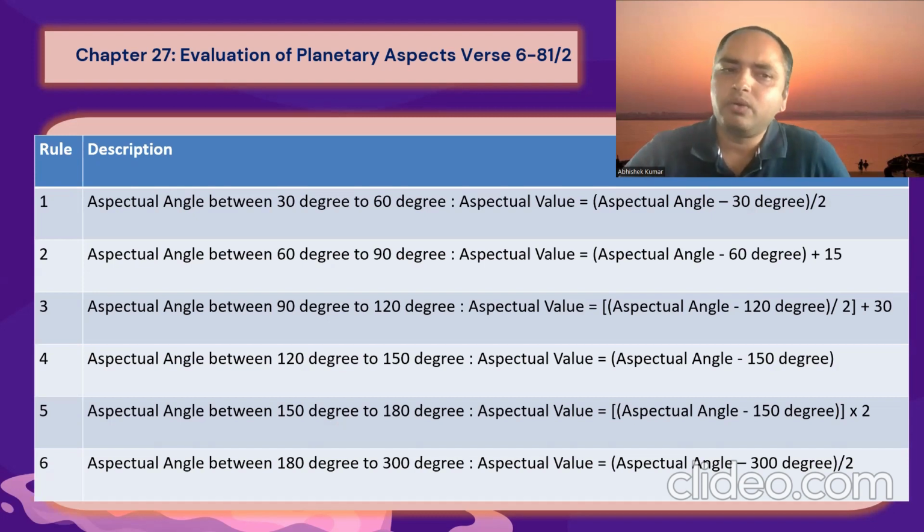You are able to calculate the aspectual angle through the longitude of the aspector and the longitude of the aspected, the amsa of the drishti and drishta. It's very easy to find out the drishti kon. Now you have the aspectual angle, then there are the possibilities. Maharshi has provided 6 possibilities.